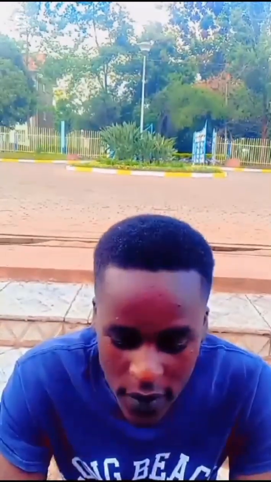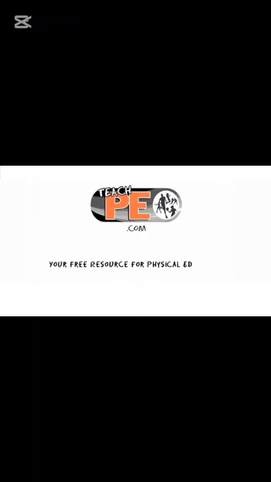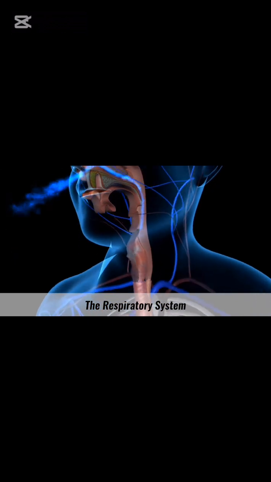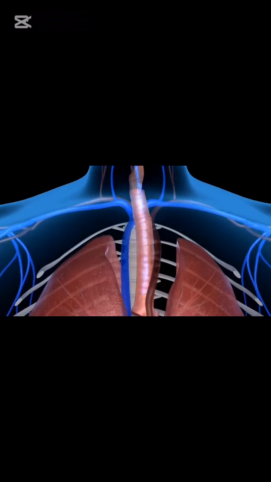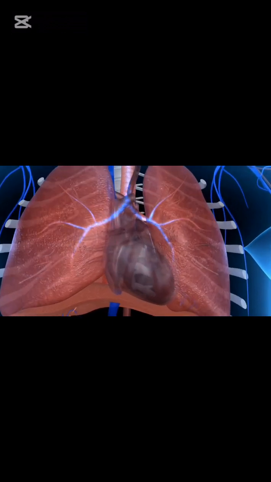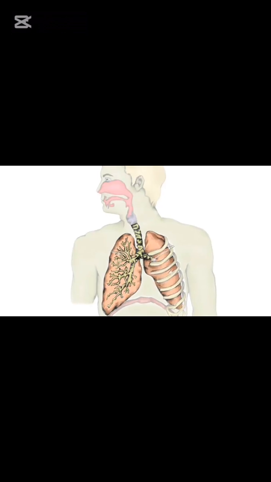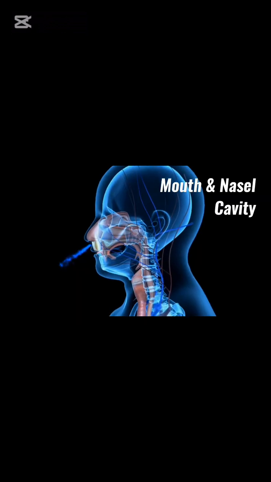This area responds to changes in blood chemistry, particularly an increase in carbon dioxide or a decrease in oxygen level, prompting adjustments in the ventilation rate. So this is how the respiratory system works, and here it explains all the functions and how the blood flows from one side to another.